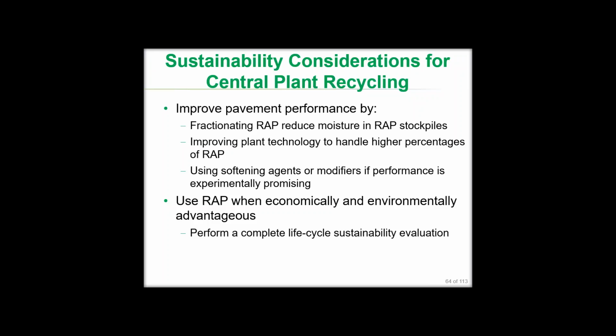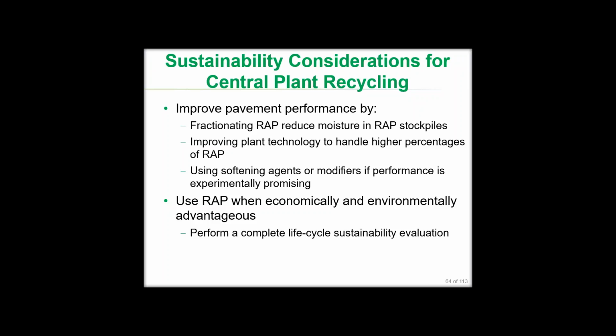And improving plant technology to handle higher percentages of RAP is another technique to improve the performance of the asphalt mixtures that contain especially higher contents of RAP. And finally, using softening agents or modifiers if experimentally the performance of these softening agents is promising.